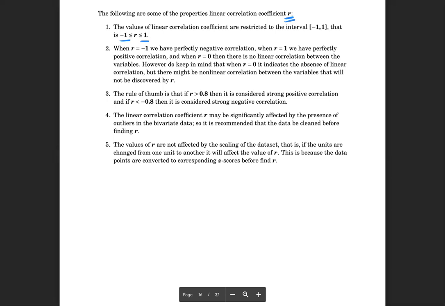And R equal to 0 means no linear correlation. There might be other correlation, but no linear correlation. R less than 0 means it's negative correlation. R greater than 0 means it is positive correlation.